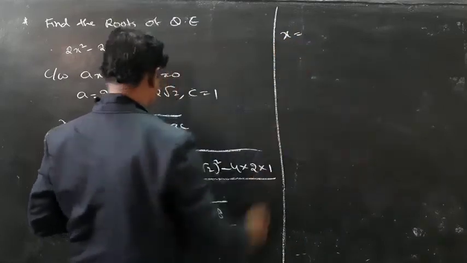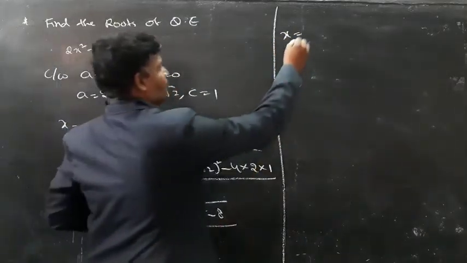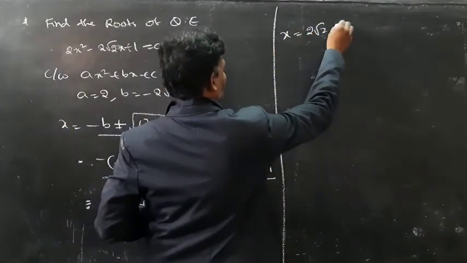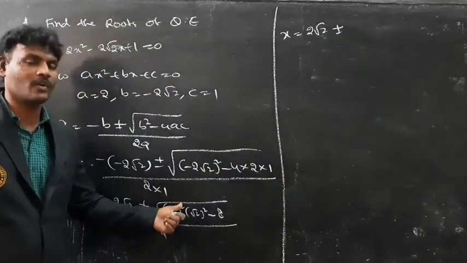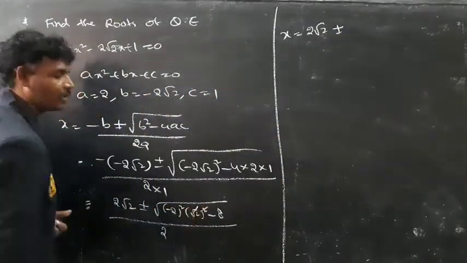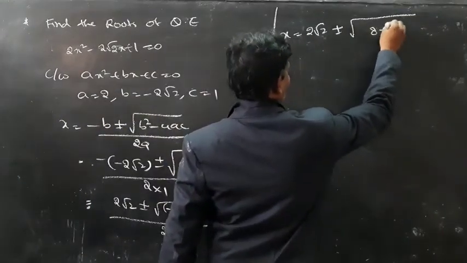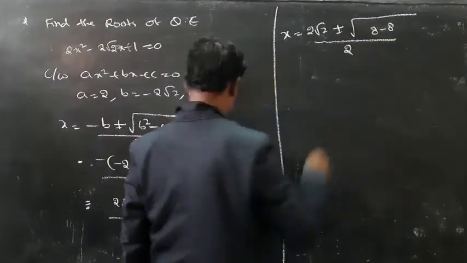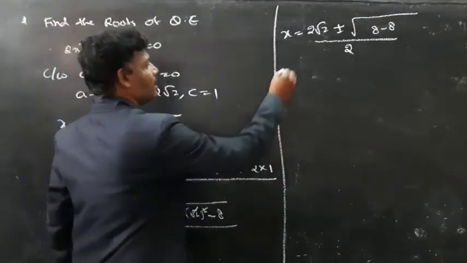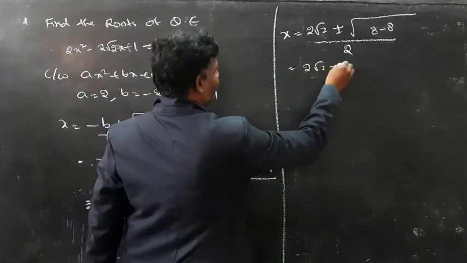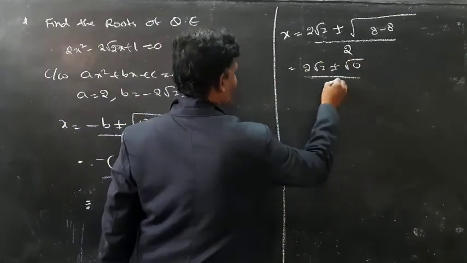x is equal to 2 root 2 plus or minus, 2 square means 4, root 2 square cancels, 4 twos are 8, minus 8, so 2 root 2 plus or minus under root of 0, by 4.